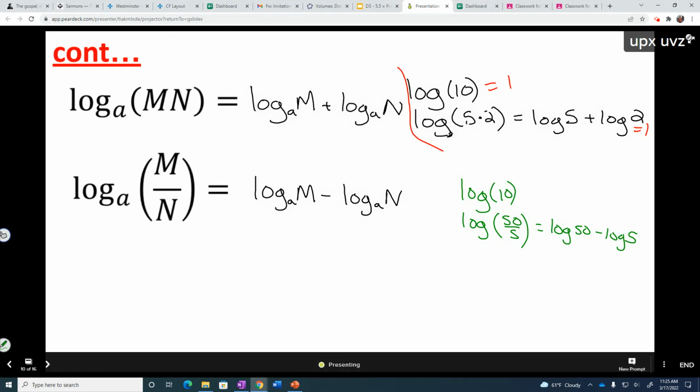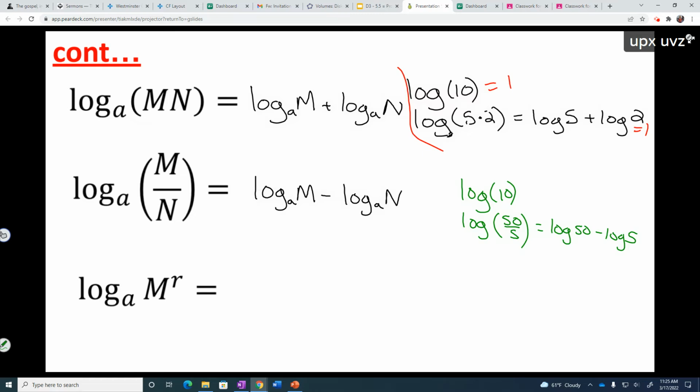Right, and one more. This one is if we have something raised to a power. It's our last property. So like if we have log, I'm going to use a variable because this is where you mostly see it. Log x to the 5th.